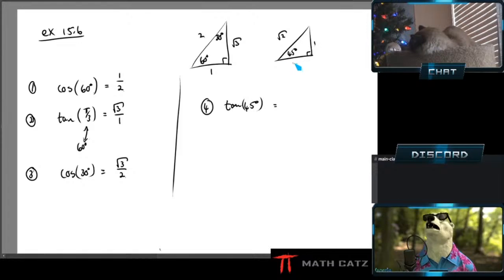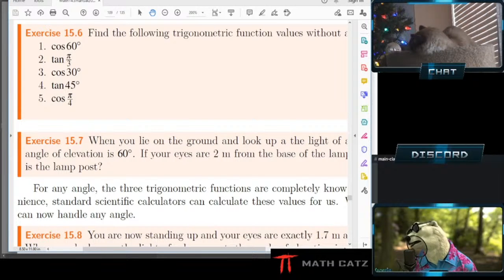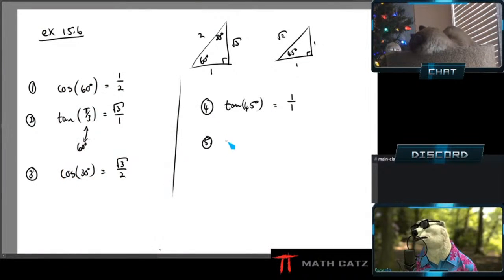Tan, opposite over adjacent, 1 over 1. I want to write 1 over 1, though you can simplify it afterwards, in this case, because I want to show how I picked the sides of the triangle. That's my work. There's not much work to show, so what little work I can show, I want to.